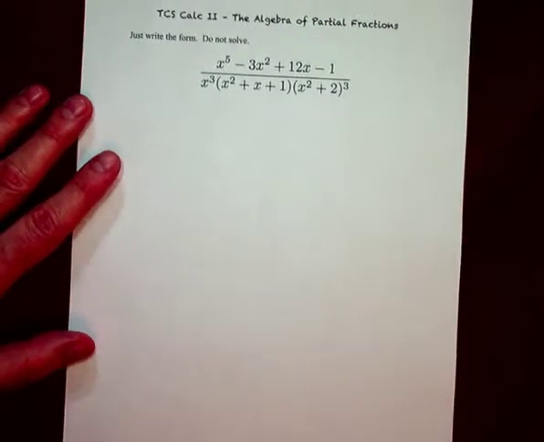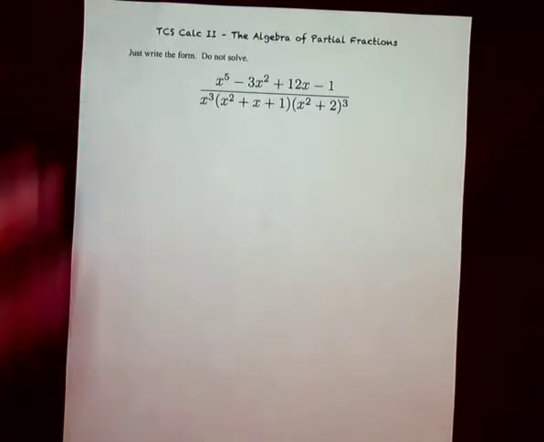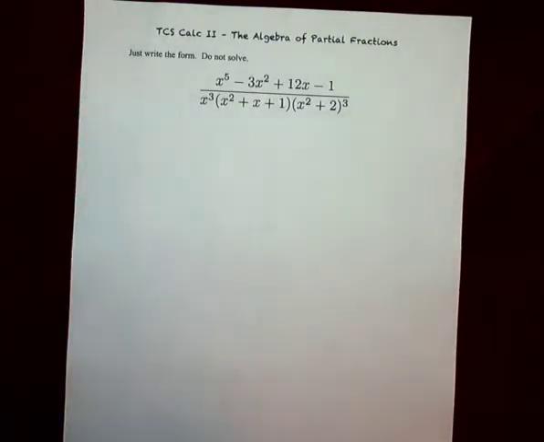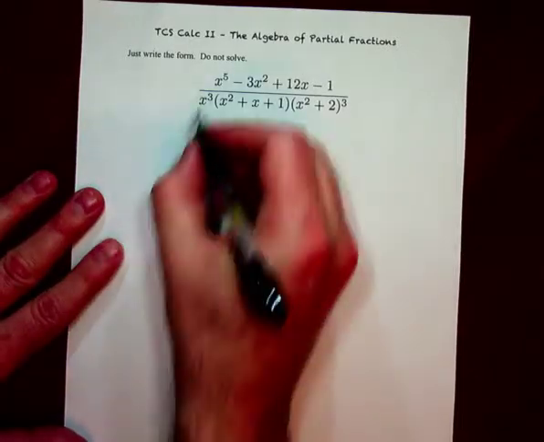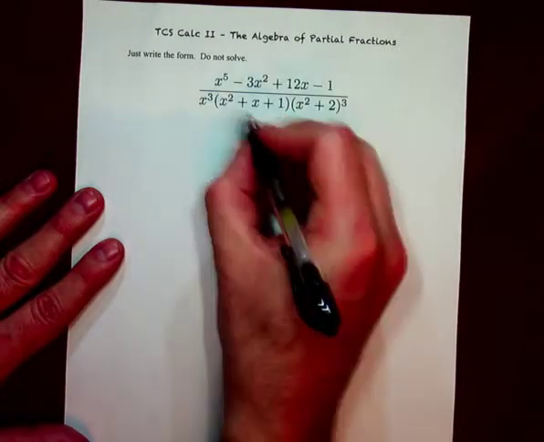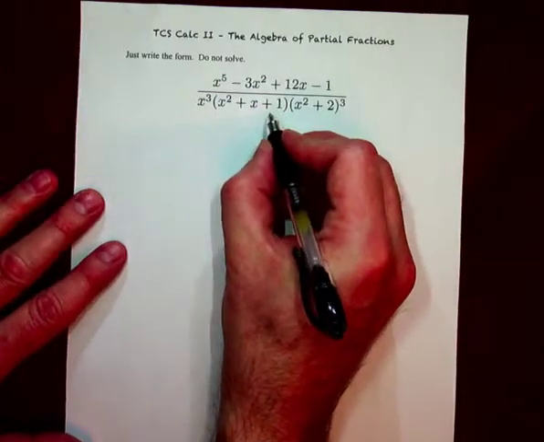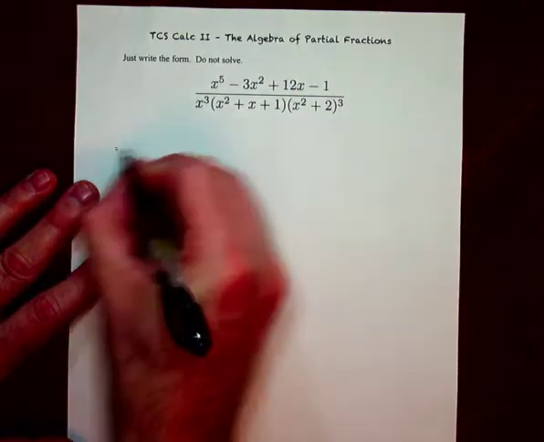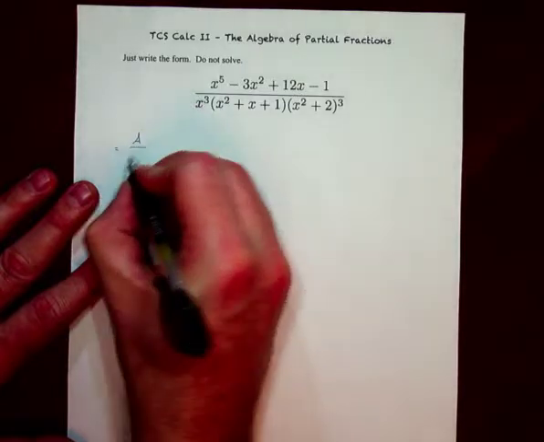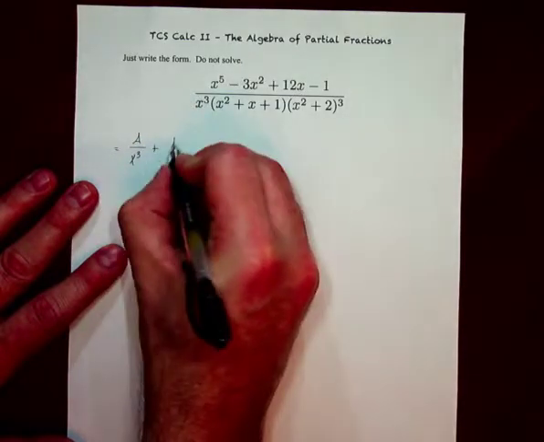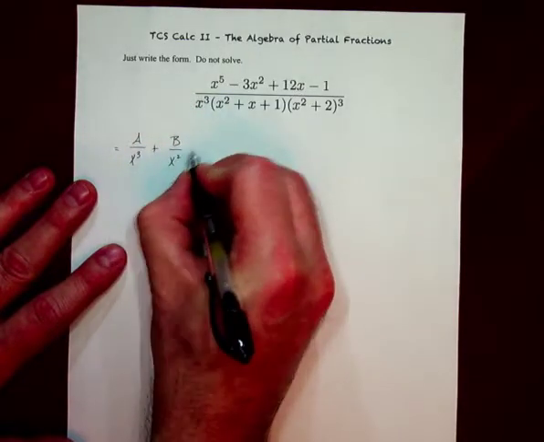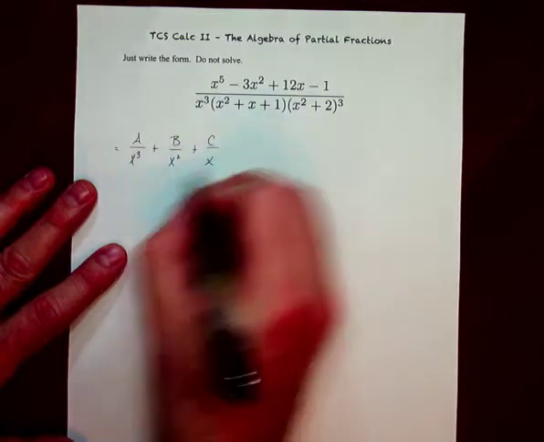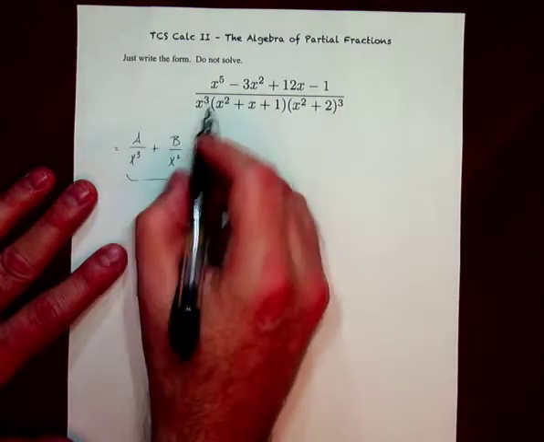Now, this one, I'm not asking you to solve. We just need to figure out how to pull it apart. This is a repeated linear. This is an irreducible quadratic. This is a repeated irreducible quadratic. So for the repeated linear, we get that, which comes from the x.